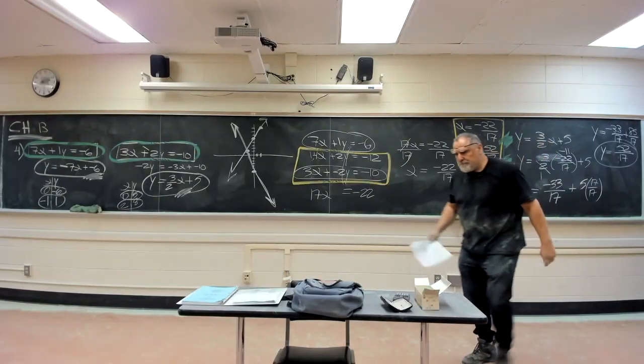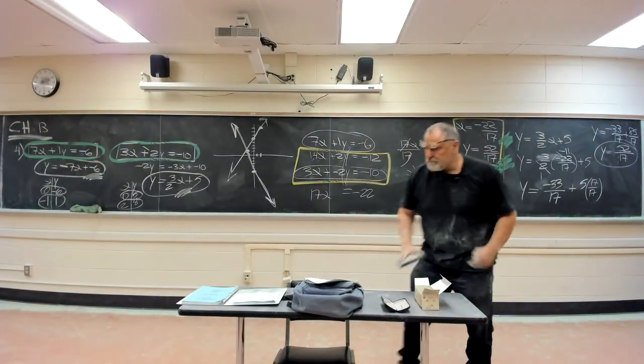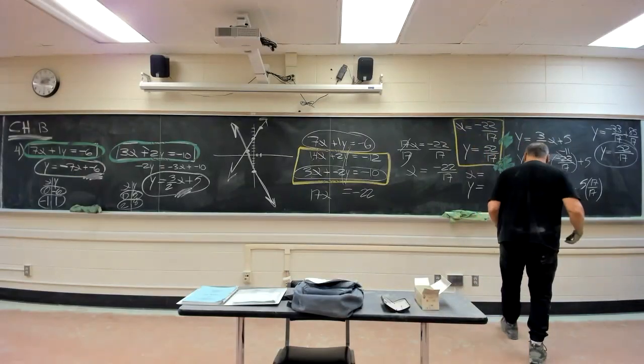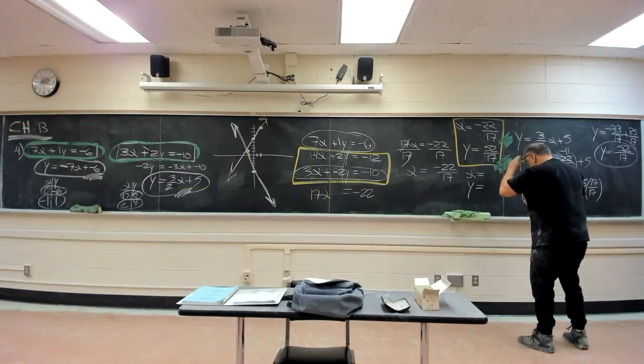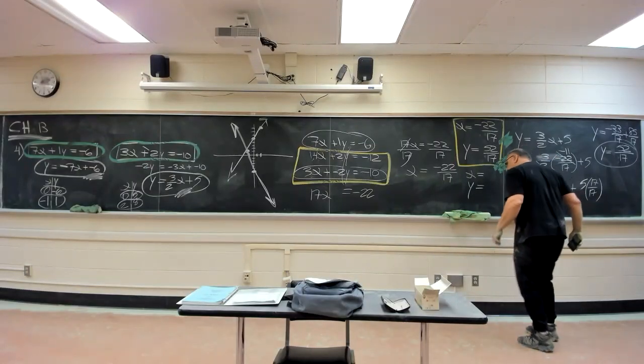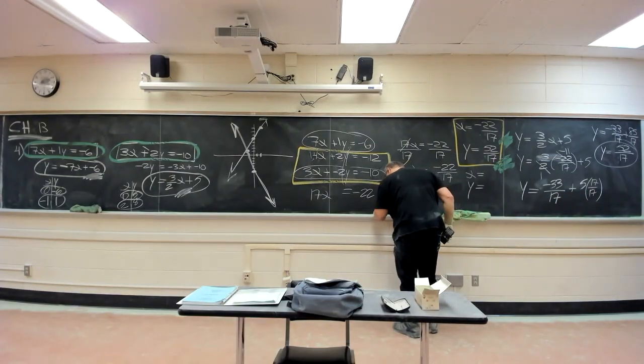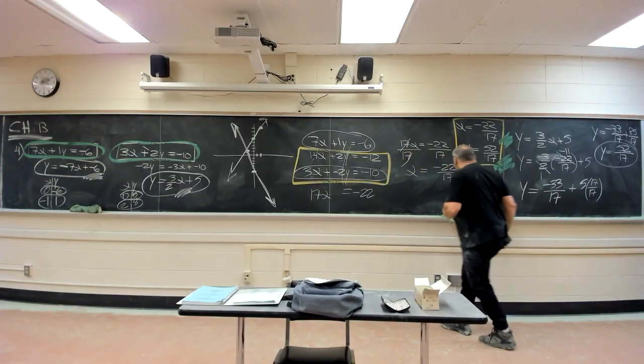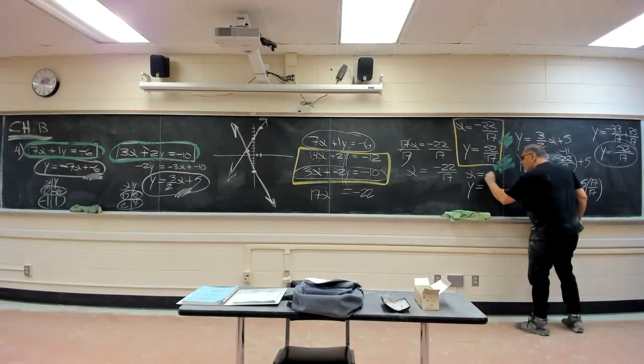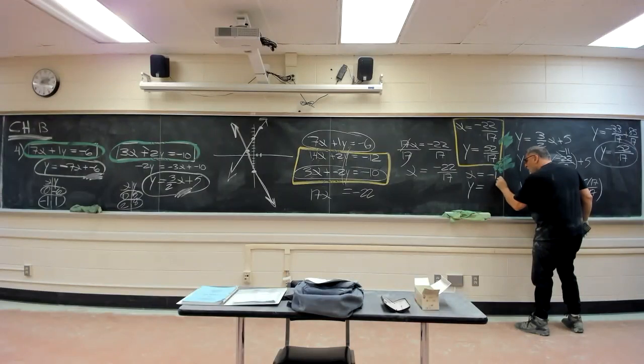As we look at it, 1.2941, so negative 1.2941 right here.